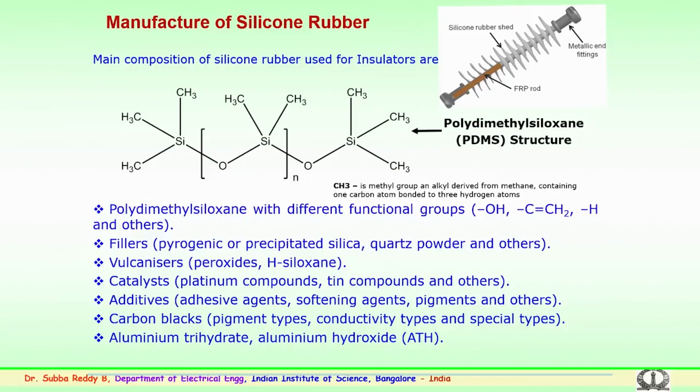What are the additives for this compound? There are adhesive agents, softening agents, and various pigments for coloring of the insulators, and others. These include carbon blacks, pigment types, conductive tape types and also special types. Aluminum trihydrate, or aluminum hydroxide, known as ATH, is normally used as a filler material for this silicon rubber.